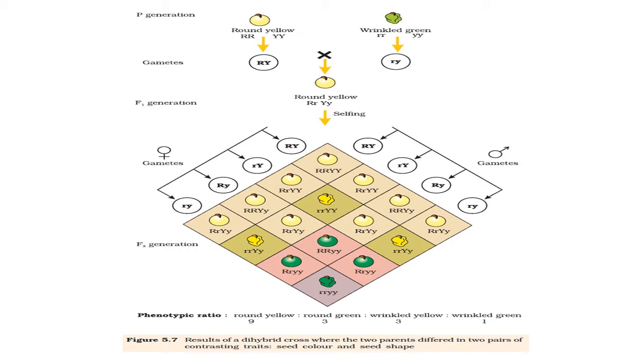Here the ratio is 9:3:3:1. So 9 plus 3 plus 3 plus 1, total 16 possibilities, and out of these some have both dominant, both recessive, or one dominant and one recessive. For this experiment two characteristics were considered at a time, and that's why it is known as a dihybrid cross.